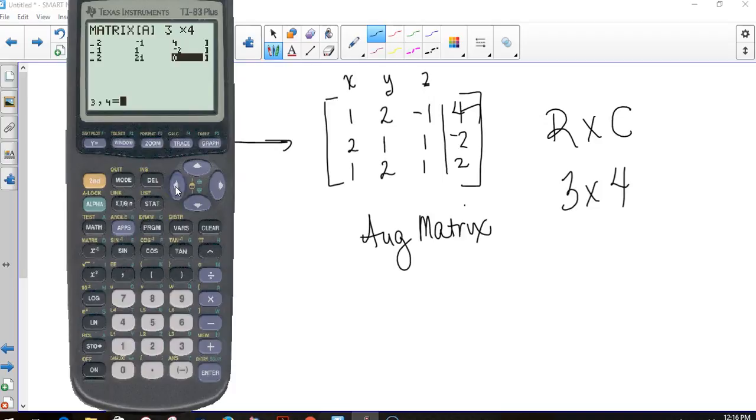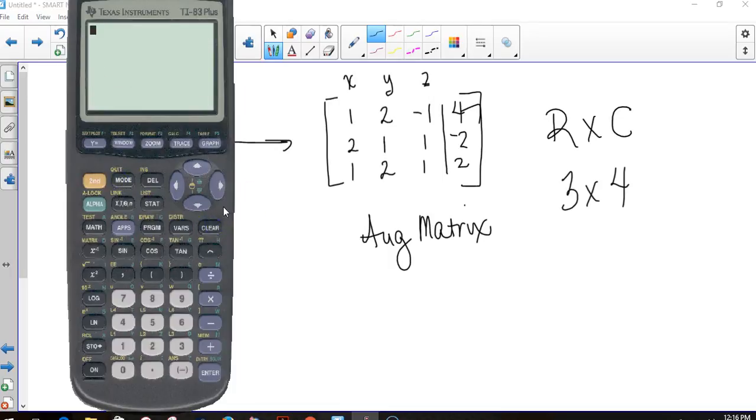Oh, made a mistake. 3, 4 is supposed to be a 1. And he's supposed to be a 2. Oh, 1, 2, 1, 2. There we go. All right, so I got everybody in right. I'll check that. And I'm going to hit second mode to go out to the main screen.